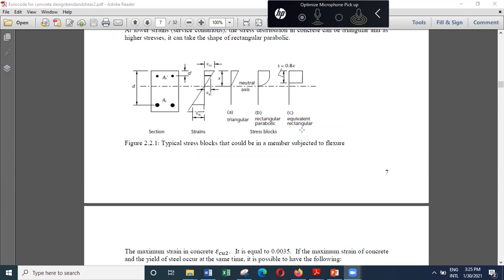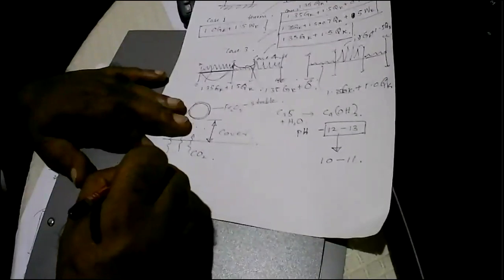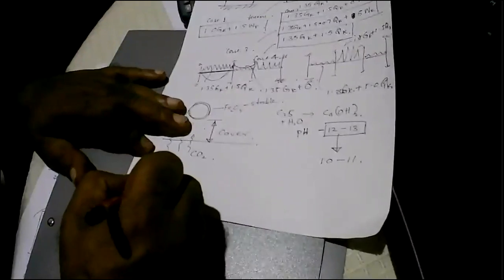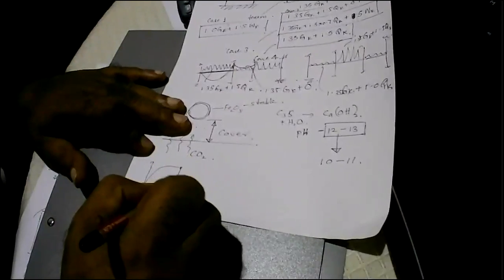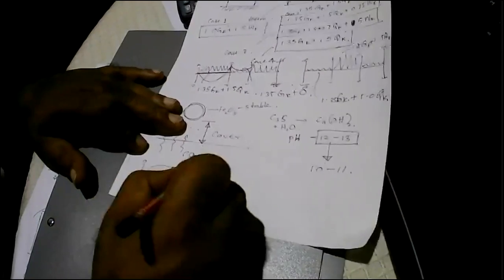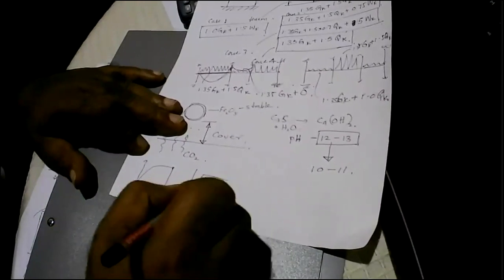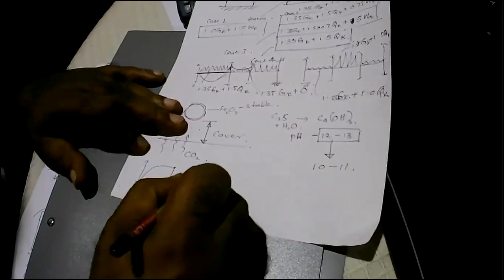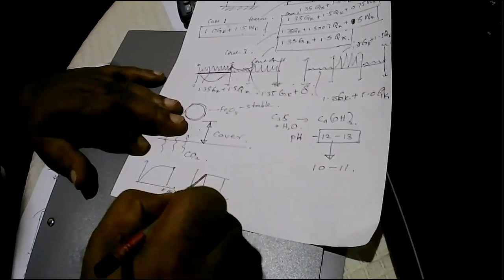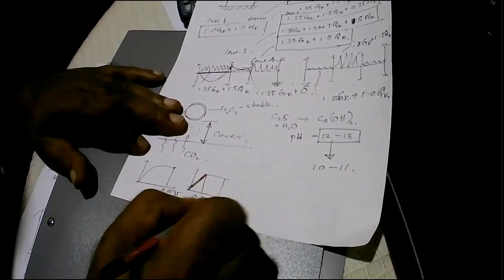And then you also have a limiting case. We have a stress strain curve for concrete with a limiting strain of 0.0035, and steel that yields at 0.00217.